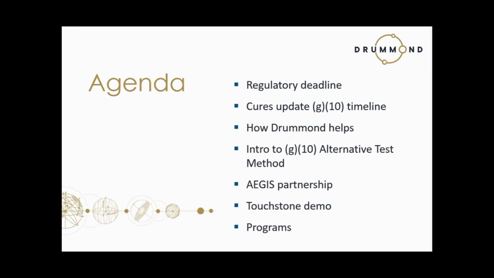I'll then pass it over to Tim Bennett, who will go through the newly approved alternate test method. Concurrent with that, James will show you a little bit into the UI, talk a little bit about the AEGIS partnership, and then we will wrap up the webinar with a description of the varying pathways that you, our AEGIS customers, can take on your way to achieving compliance with the G10 requirements.